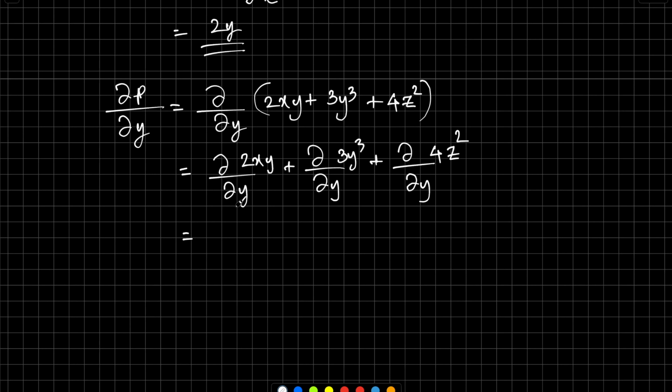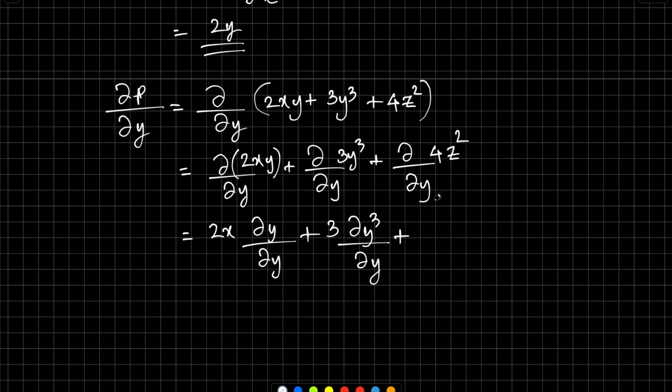We are differentiating with respect to y. So x should be treated as a constant. This term has x and y. So take the constants outside. 2x is a constant. Dou y by dou y. Plus 3 is a constant. Dou y cube by dou y.